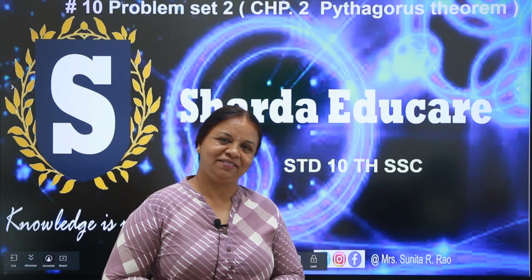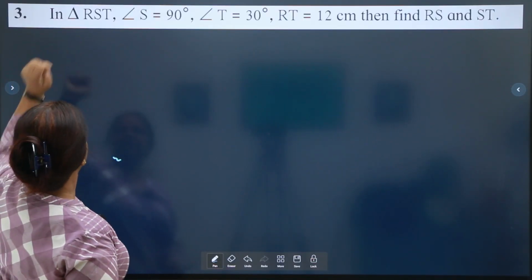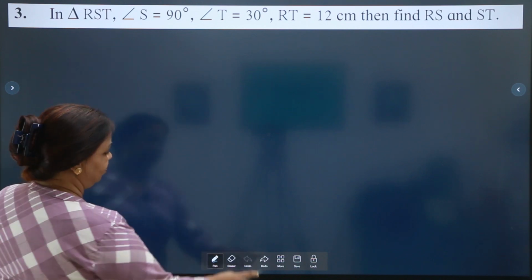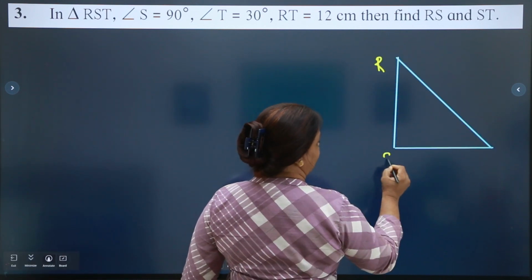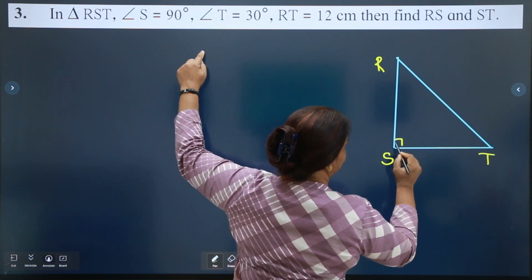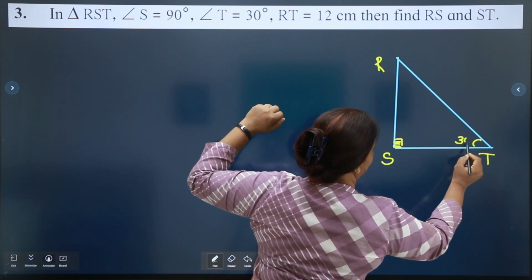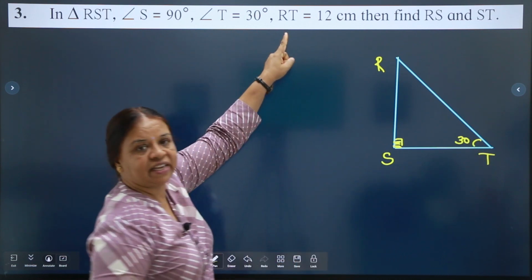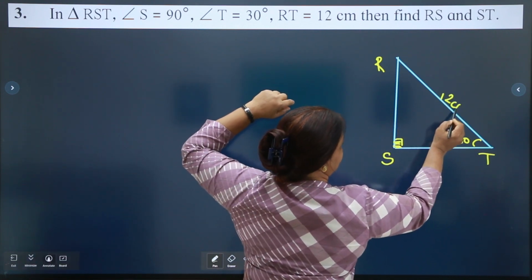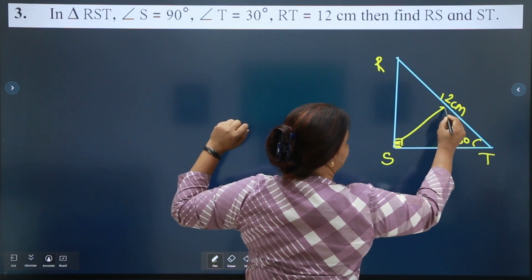Let's begin, children. So we have question number 3 of the problem set. It says that in triangle RST, angle S is 90 degrees, angle T is 30 degrees, and RT is given as 12 centimeters, and it is opposite to 90 degrees.